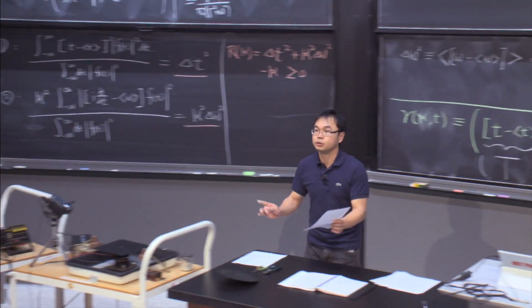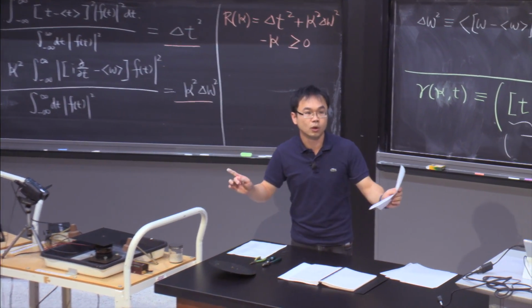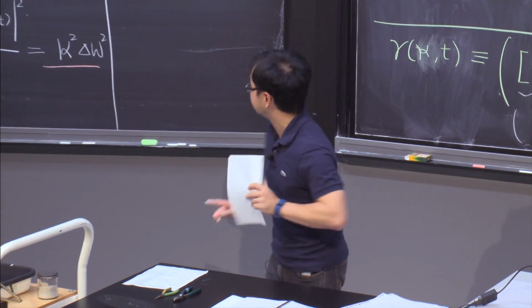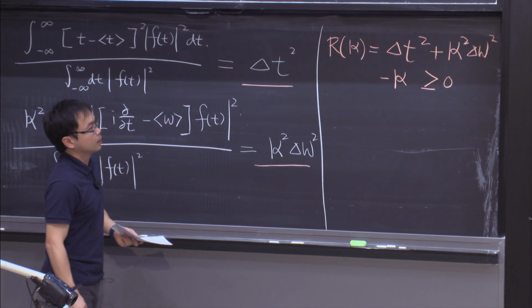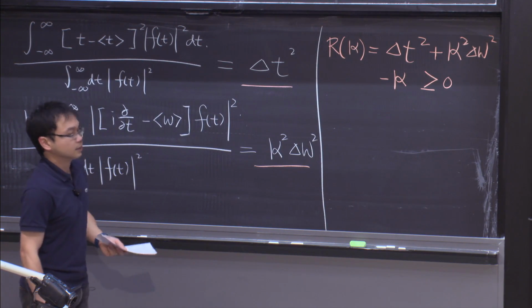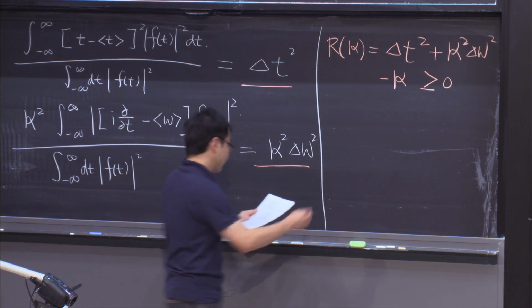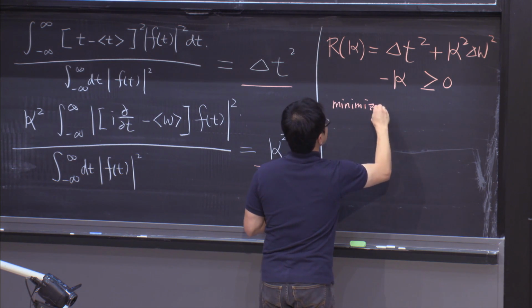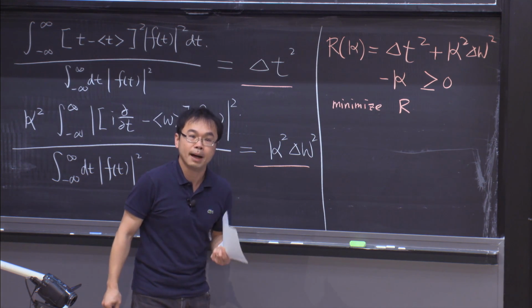All right, so now you can see that basically you can safely ignore what I have said so far. Everything you can ignore, those are just mathematical tricks. What is actually important is that now I have this relation, delta t squared plus kappa squared delta omega squared minus kappa. This is a function of kappa, and I can minimize it by carefully choosing a kappa value.